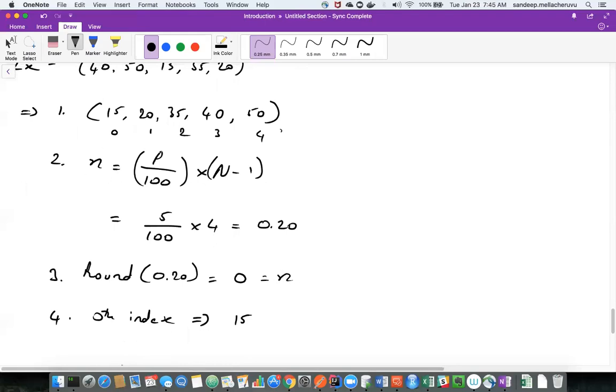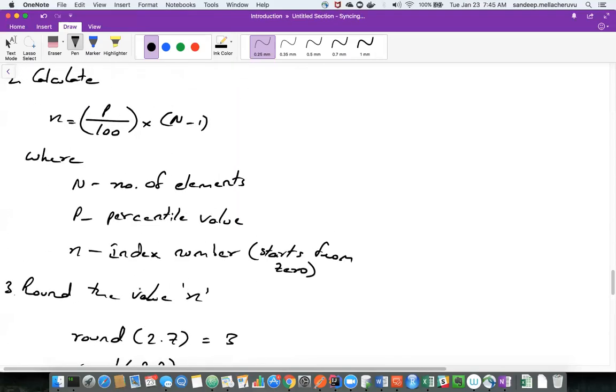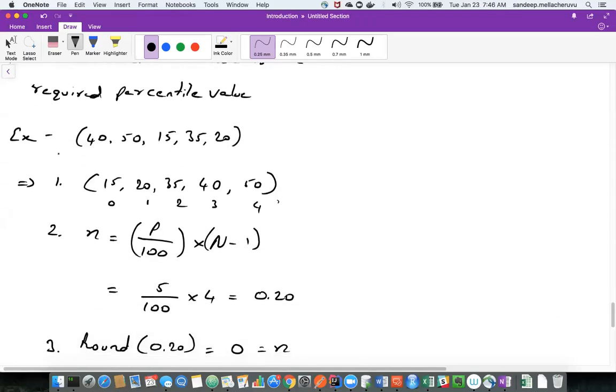After you rounded, what you got is a value of n. What did I mention about n? N is the index number that starts from 0. Index number of what? Index number of the sorted array. You got this array, then you sorted this array.